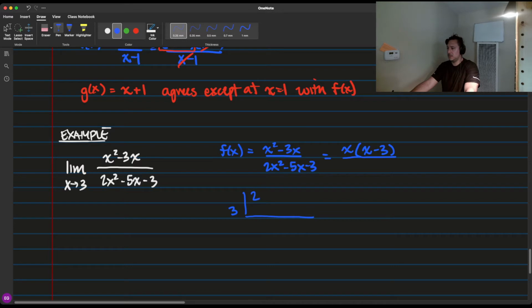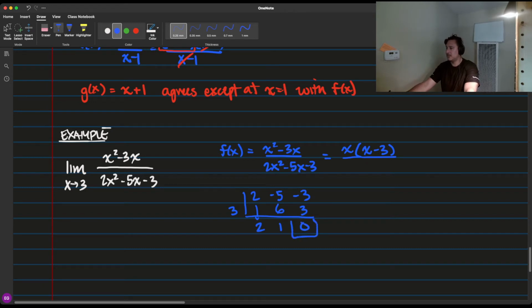We put a 2, a minus 5, and a minus 3. The 2 goes down. 2 times 3 is 6. Negative 5 plus 6 is 1. 1 times 3 is 3. You get a remainder of 0.